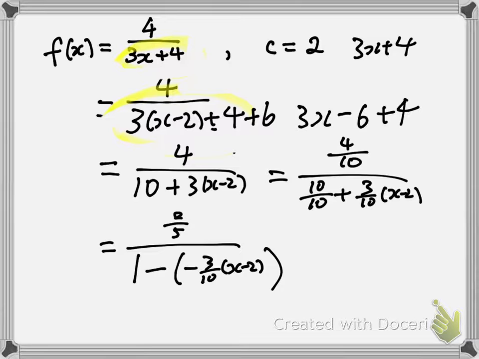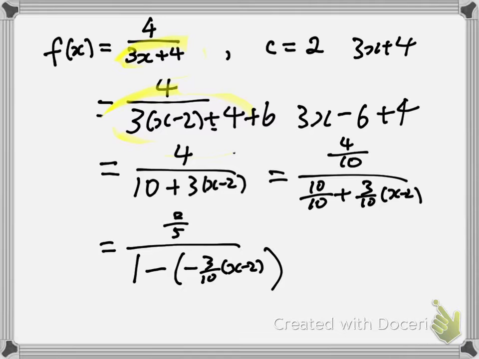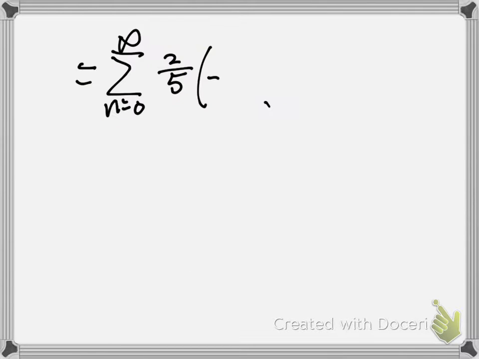So if we apply the geometric series formula, that will become the sum of 2/5 times r, which is negative 3 over 10 of x minus 2, the whole thing to the n.